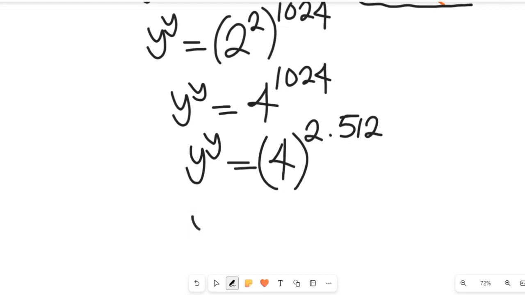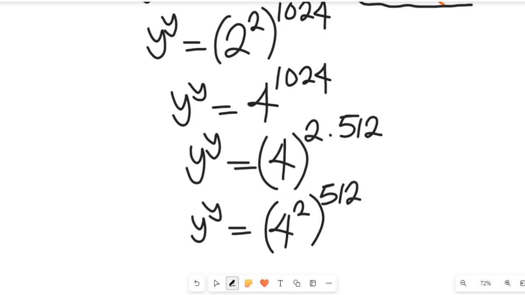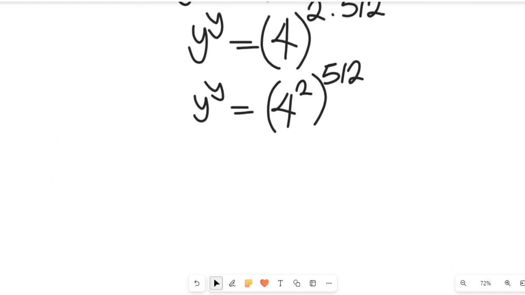Good. So if we do that, our result is y to the power of y equal to 16 to the power of 512, because 4 squared is going to give us 16. Now let's go back to our factors.